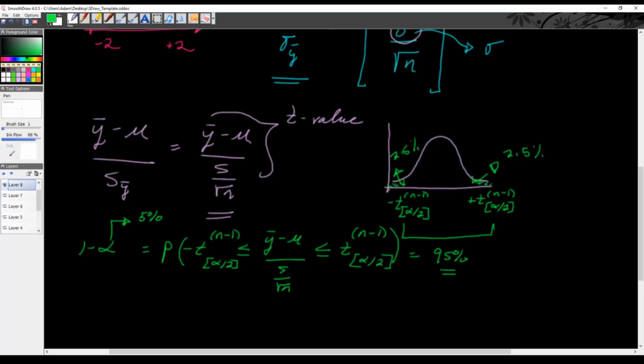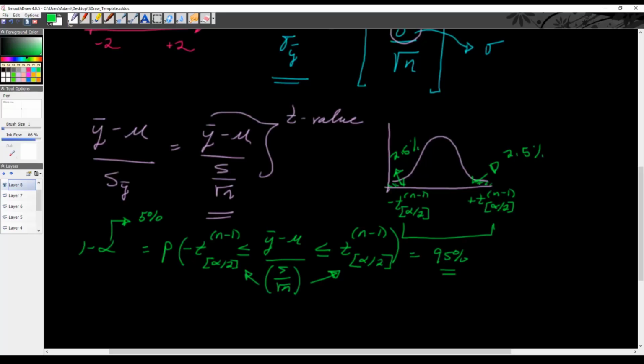So I can multiply this inequality by this quantity. I'm multiplying that by that quantity, and then that by that quantity. And then what I can do is add or subtract the mean from both sides, and then multiply everything by -1 to obtain the confidence interval.